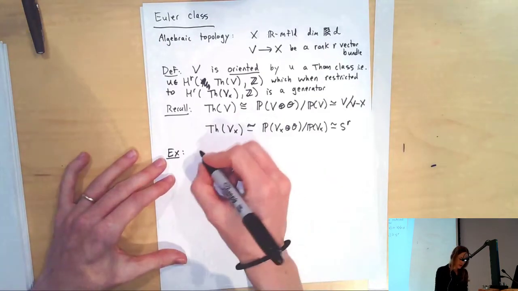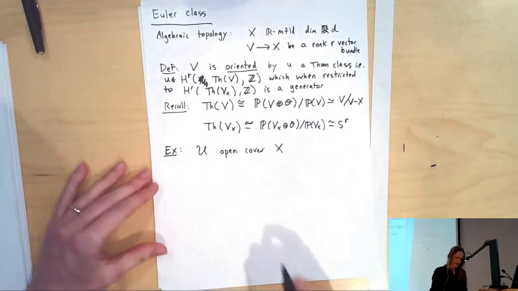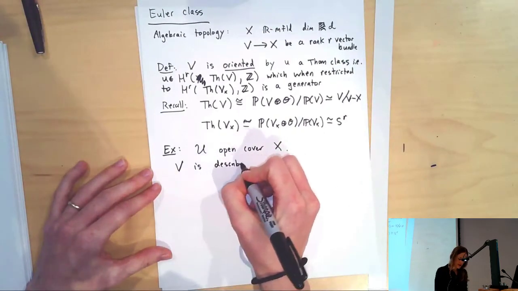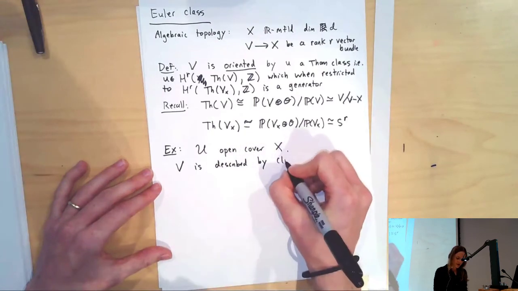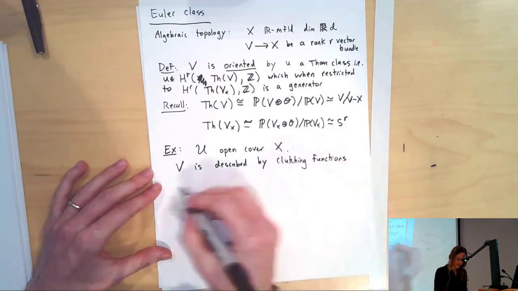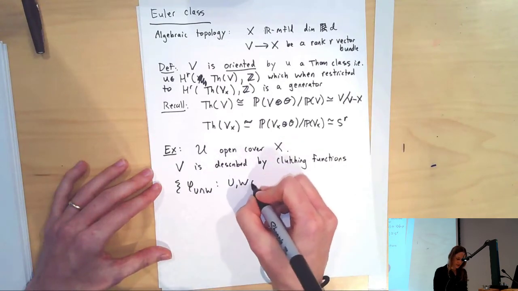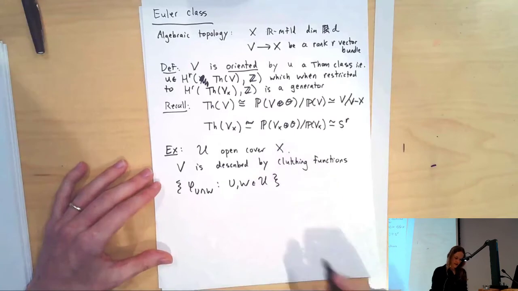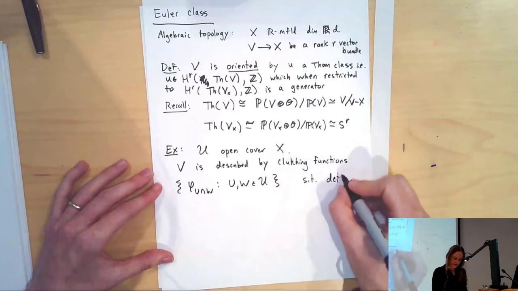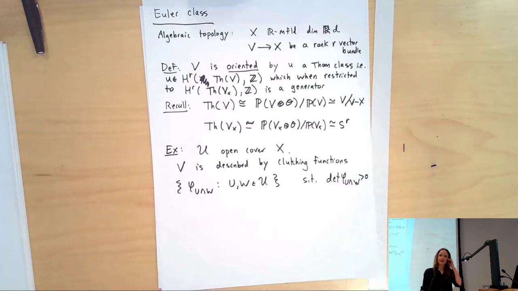So suppose U is an open cover of X, and V is described by transition functions or clutching functions phi at the intersection of two of these open sets U and W in the cover, such that at all the points, the determinant of this linear map is greater than 0.